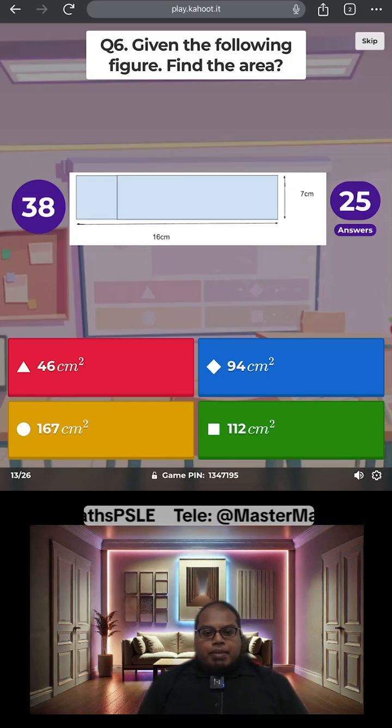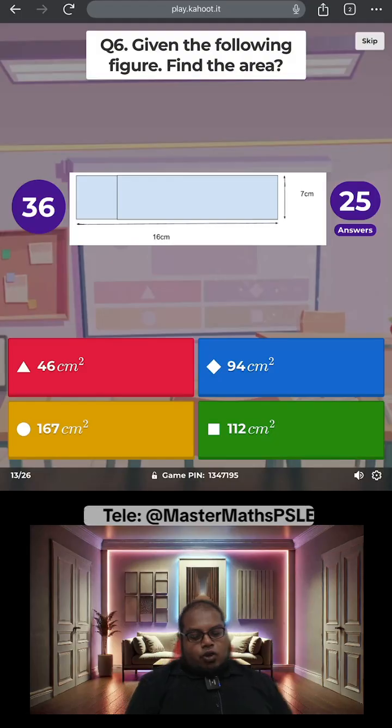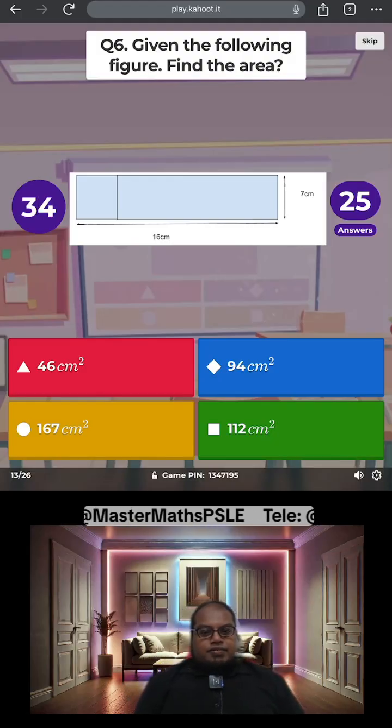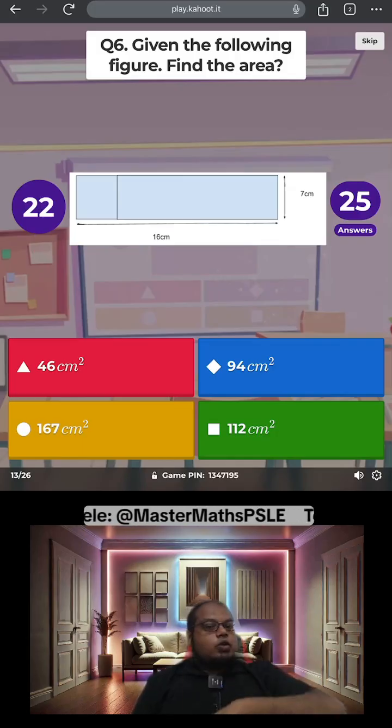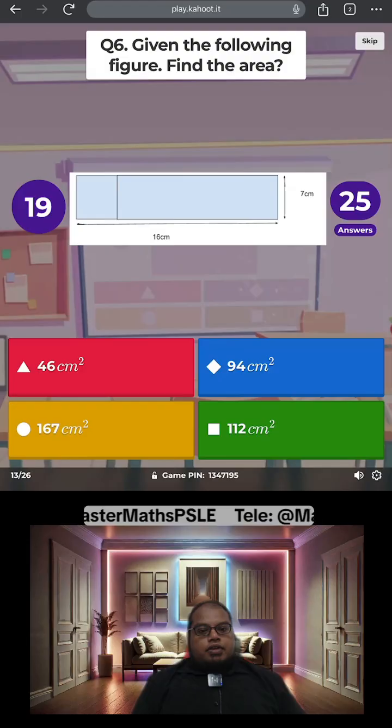It might be 9 times 7. It might not be. Because basically they are talking about the area of the figure. So why is it that you want to exclude the rectangle or exclude the square?